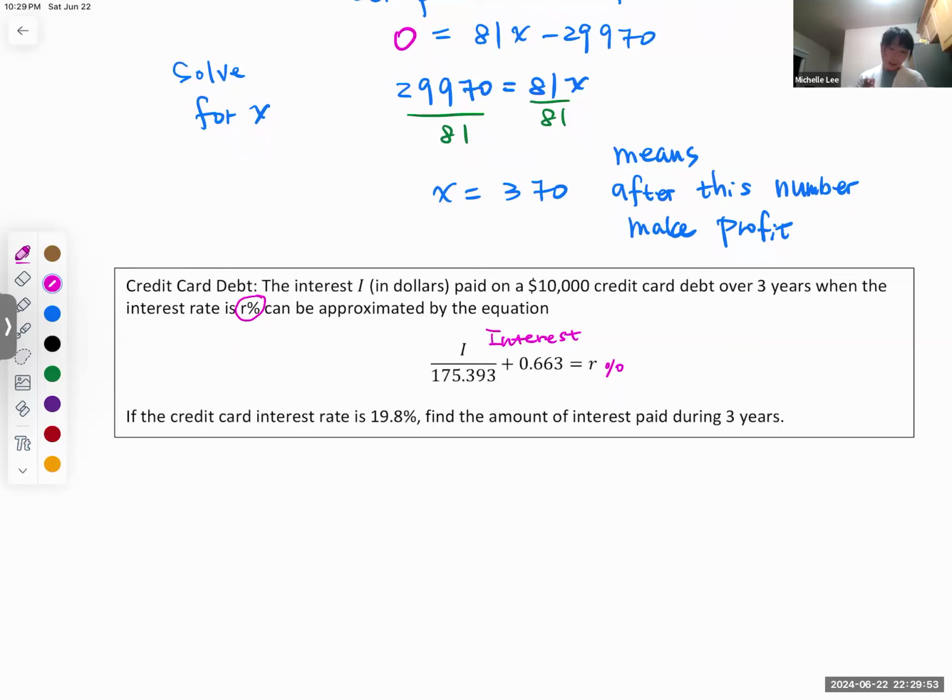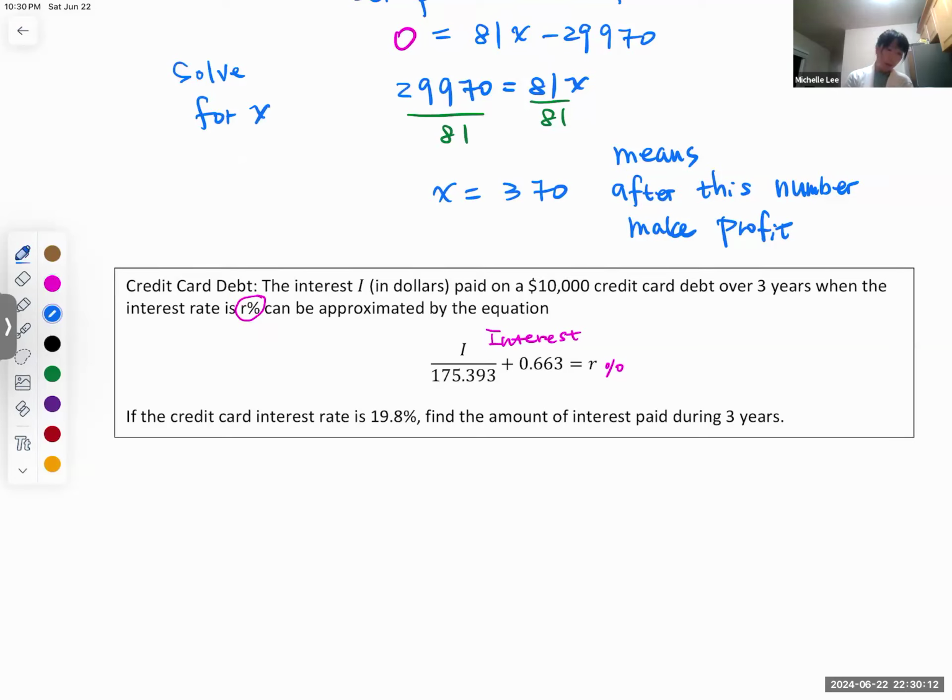Then they said if the credit card interest rate is 19.8%, find the amount of interest paid during 3 years. Okay, so let's do this one.